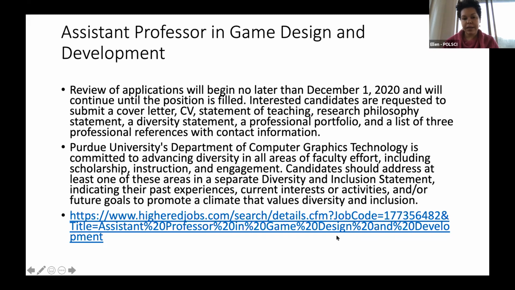And they do say specifically how this request is aligned with the institutional goal, specifically in areas of faculty effort, scholarship, instruction, and engagement. So pretty much the ideal candidate here must know the institutional mission, values, what initiatives they are doing, and how you can add to the efforts that they are already championing.